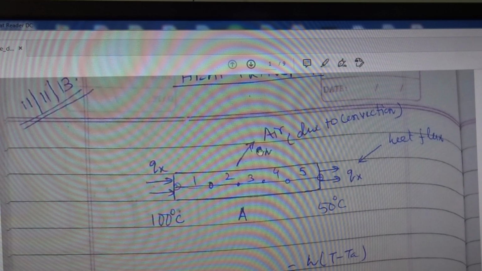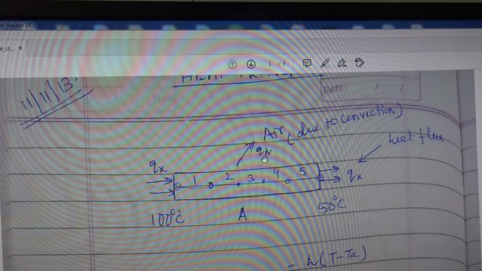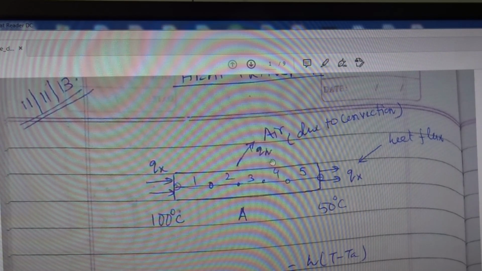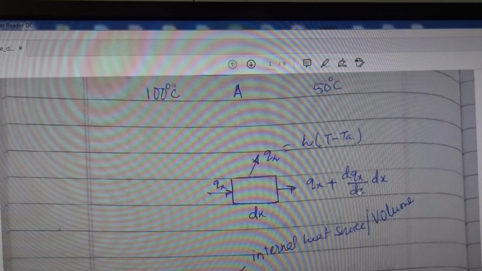Here the Qh denotes the heat transfer due to convection on the lateral surface, not on the cross section. Only on this periphery is there heat transfer through convection, and the heat transfer coefficient due to convection is considered later. So you know that Qx is the heat flux, already I explained it.